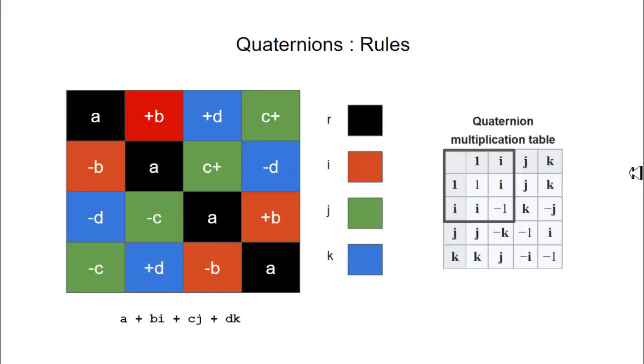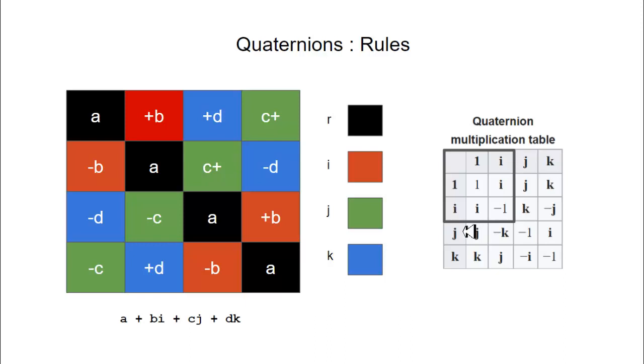In other words, complex numbers are commutative because you can see in this section of the table, which is just the 2x2 complex, the rules for complex multiplication. So 1 times 1 equals 1, and 1 times I equals I, and I times 1 equals I, and I times I equals minus 1. So the complex numbers are commutative. It's only when you start adding dimensions that you lose the commutativity.